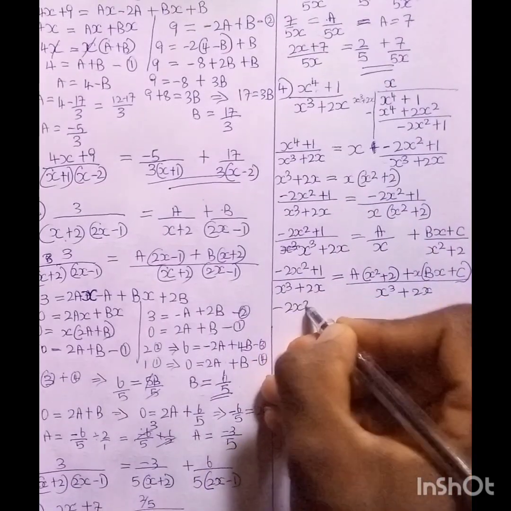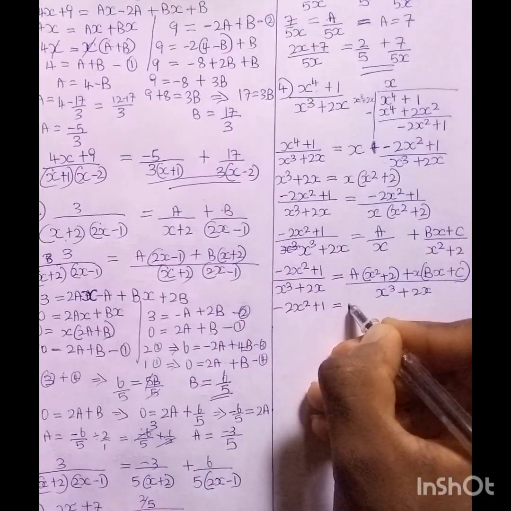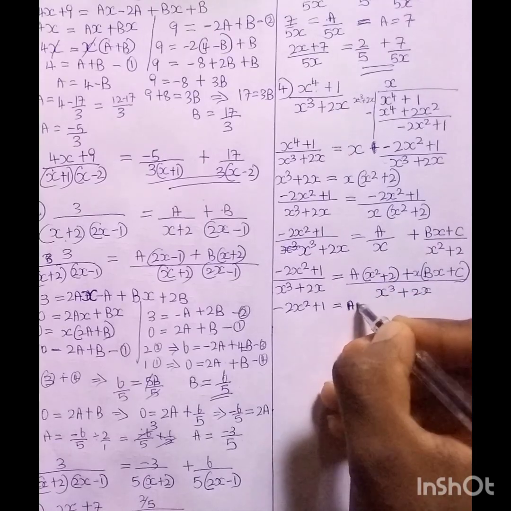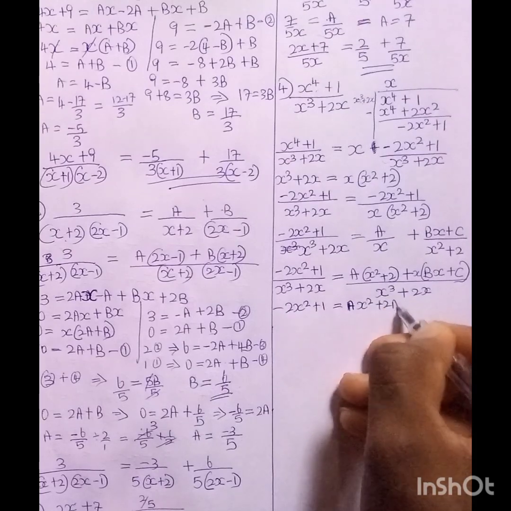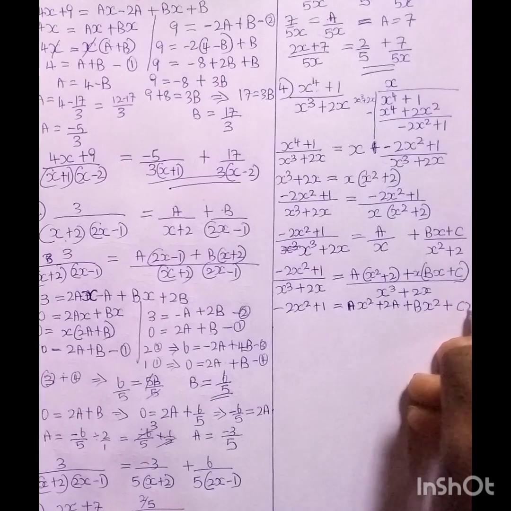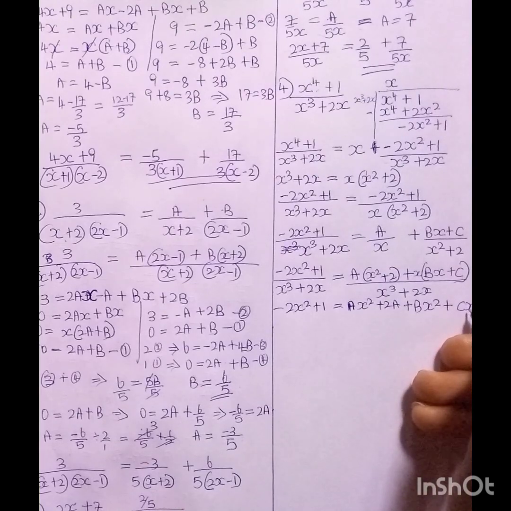Minus 2x squared plus 1 is equal to, let's expand immediately, ax squared plus 2a plus bx squared plus cx.